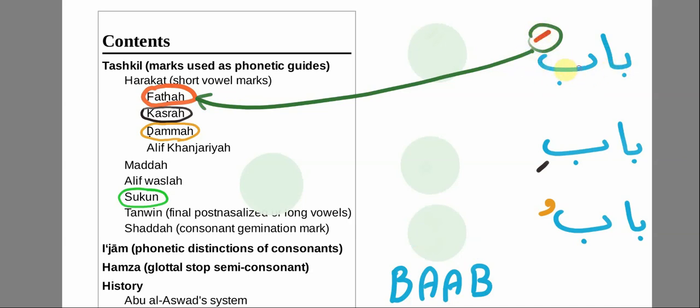So when you pronounce this, you say baba, baba al-bayt, baba al-markaz, or the center, baba al-mabna, the door of the building. So baba. This here is E. This is kasra. So you say babi.